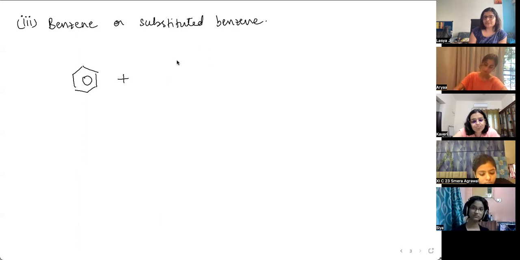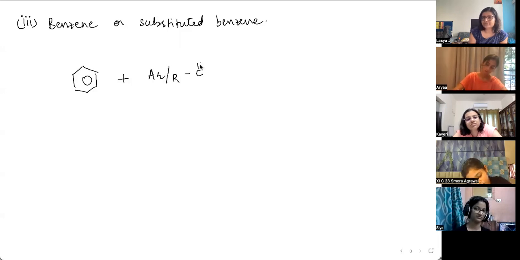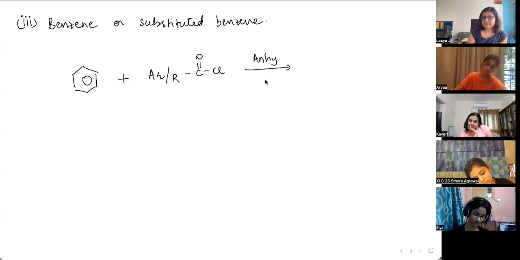You want to introduce a C double bond O with an alkyl group. The source for that would be an acyl chloride. So take an R or Ar group attached to C double bond OCl, in the presence of anhydrous AlCl3.